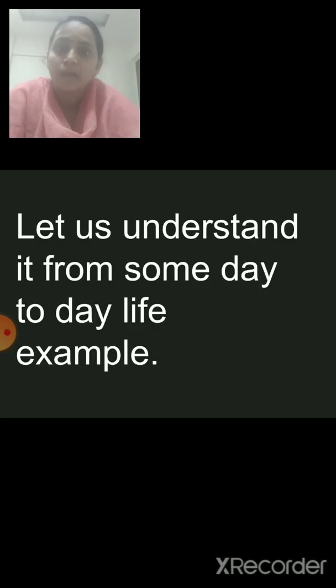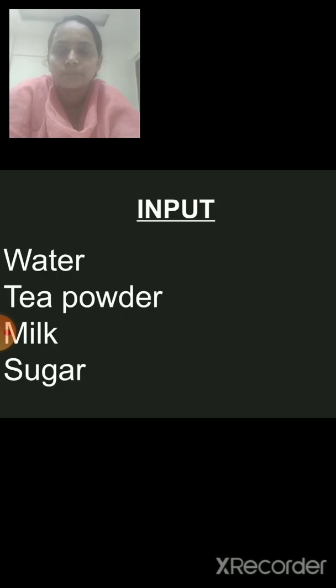Next, let us understand it from a day-to-day life example. To prepare tea, we need some input. What is that input? Water, tea powder, milk, and sugar to make tea.